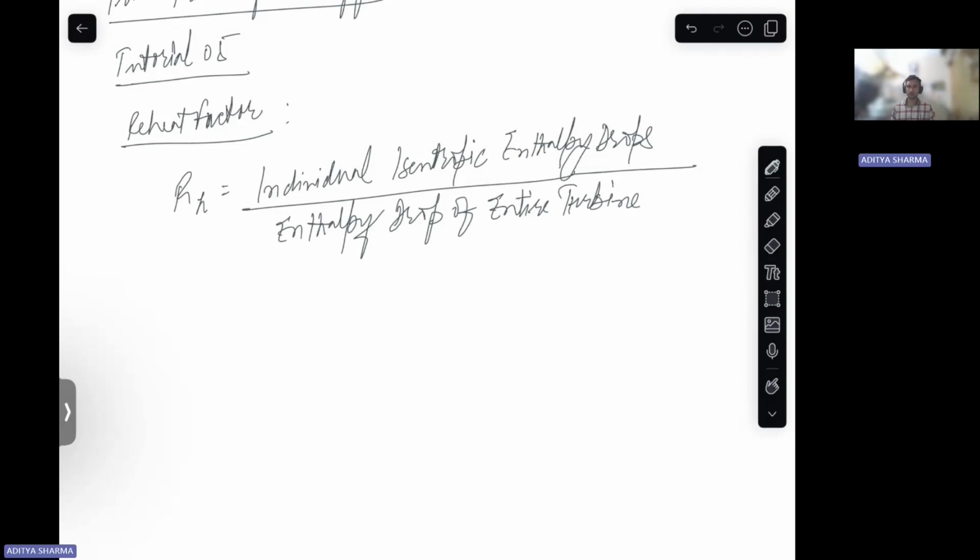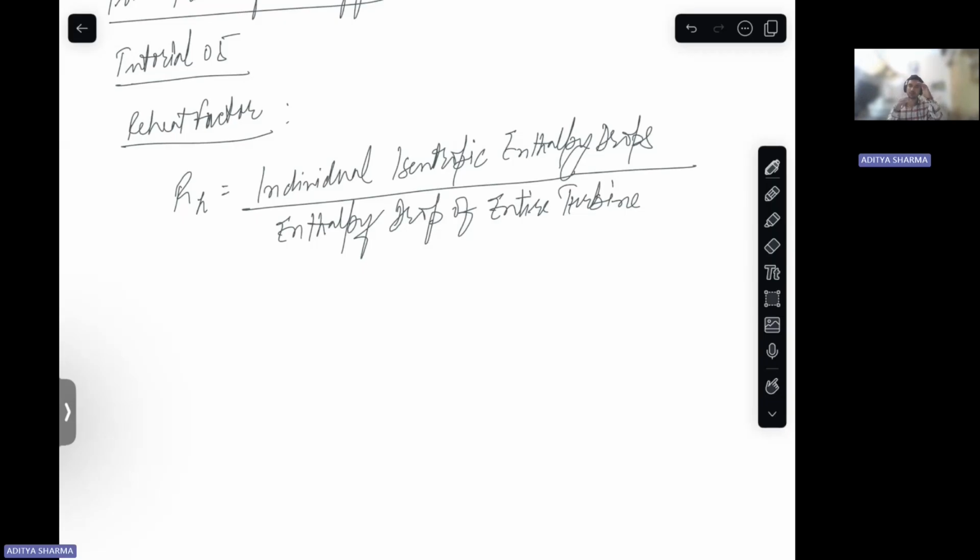If your expansion from the steam turbine is taking place in steps, and we have used a reheater in between the expansion, the expansion will take place in, let's say, two steps.